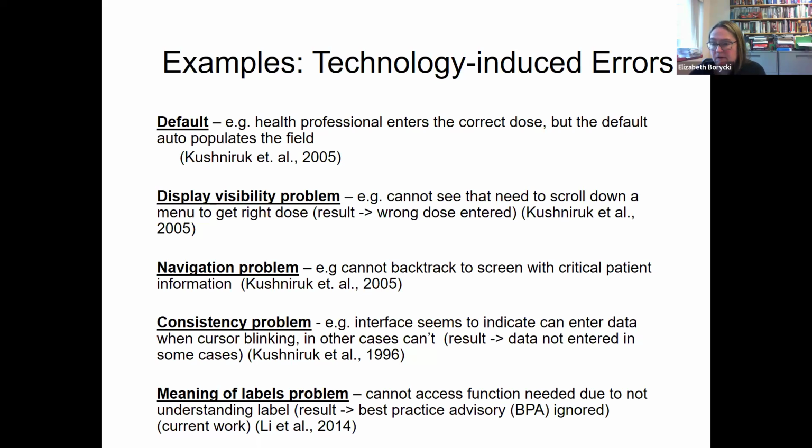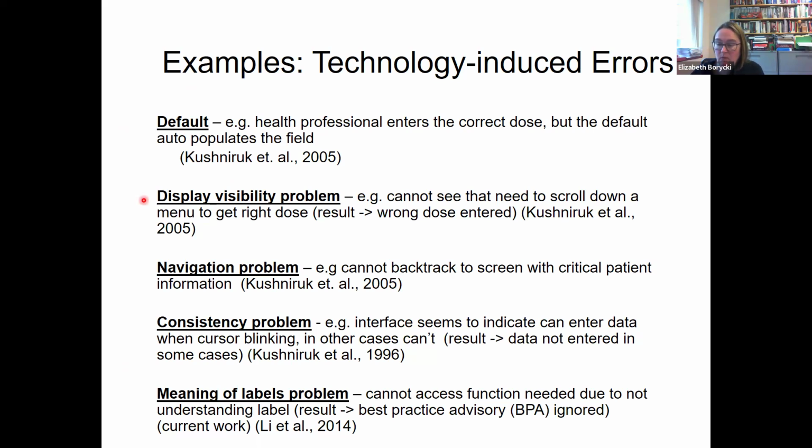And there are a lot of different types of technology-induced errors. These are just an example of some of the many types that are out there right now. And we've actually seen this in the literature over the last 20 years. So for example, a default that auto-populates with the wrong information, a display visibility problem.